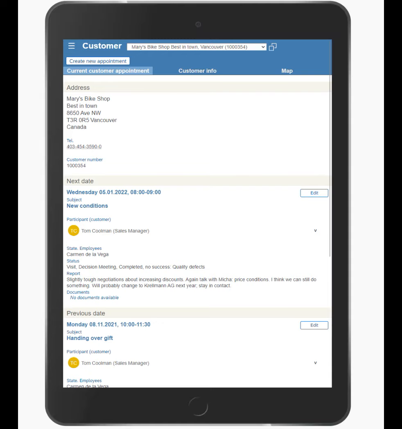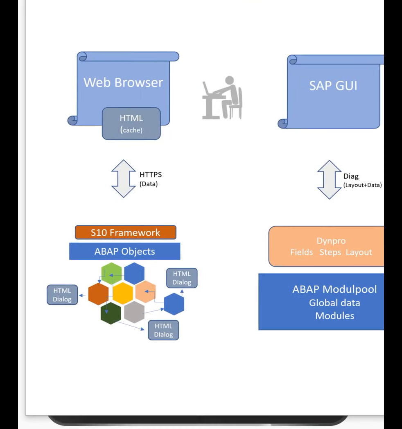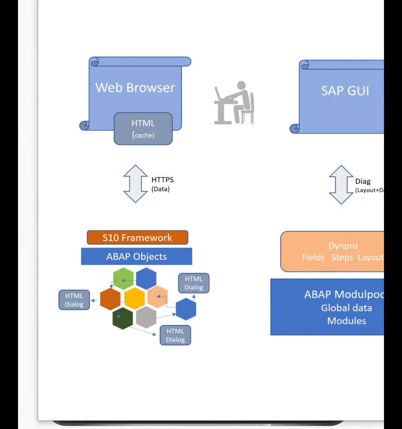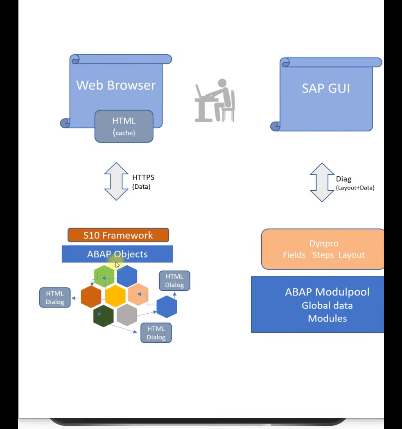For orientation, let's pull up the diagram from the beginning of the video. We currently find ourselves in the realm of ABAP objects, for example, for sales order, customer, and article.